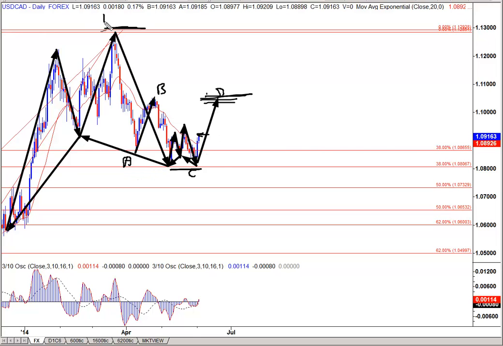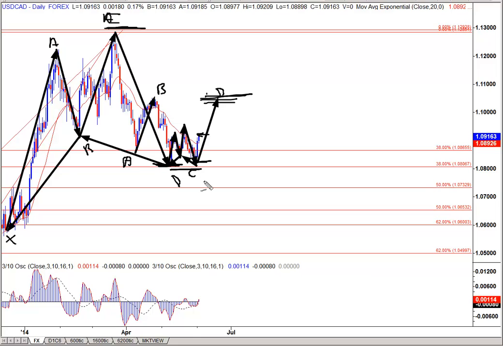Same thing here. This is an X, A, B, C, D. Just because D landed here and this put in the higher low, it's still valid. D is still valid.